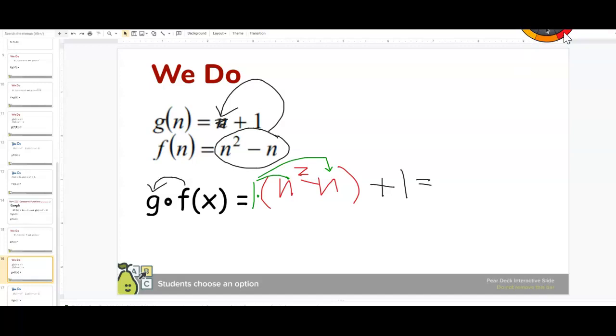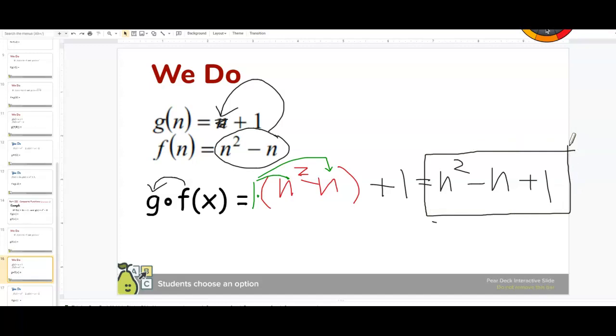So you can just take off the parentheses here. So 1 times n squared is n squared. 1 times negative n is negative n. So we get rid of the parentheses, and finally bring down whatever you haven't touched, plus 1. Okay. And combine like terms, n squared, nothing you can do, n, nothing you can do, single number, nothing you can do. So that's your answer.